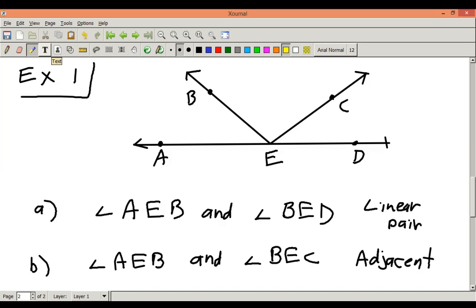So angle DEC would be this one. There's DEC, and then AEB would be right here. So they're not a linear pair. They don't add up to a straight angle, and they're not adjacent either, because even though they have a common vertex, they don't have a common side. So there's nothing special there between those two angles.